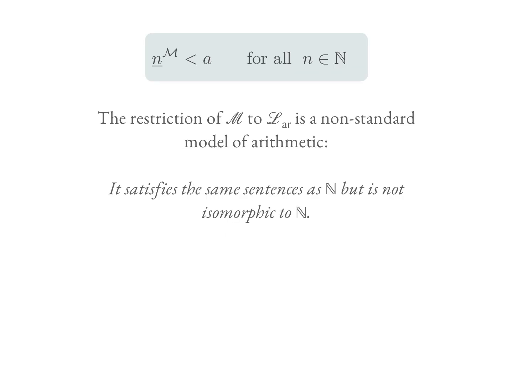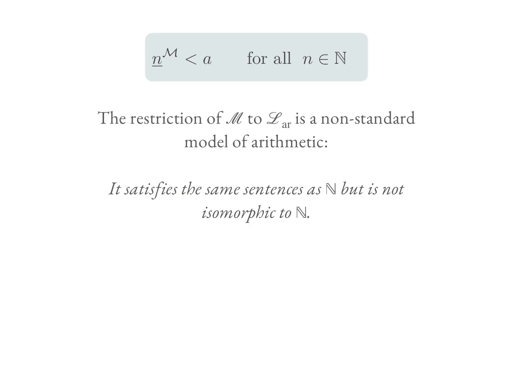So what we've done is we've added a really big element here. A is an element that is greater than the value of all the constant terms. And then if we drop our new constant symbol C from the language and restrict our model M to the original language of arithmetic, what we get is a non-standard model of arithmetic.